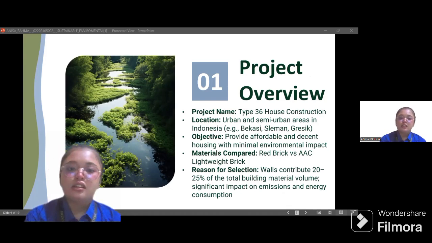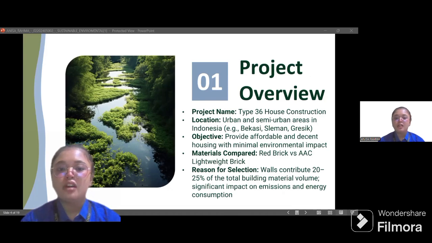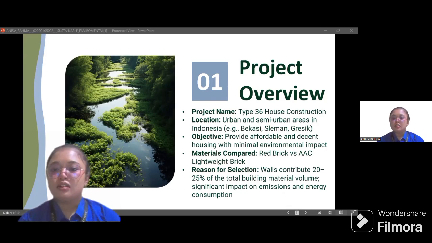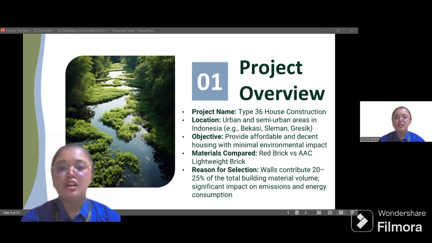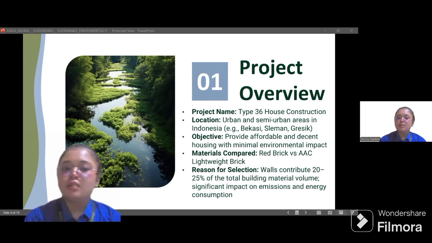Bekasi reflects the peri-urban area under heavy urbanization near the capital. Meanwhile, Sleman represents a rapidly growing suburban housing market in Yogyakarta, and Gresik is an example of an industrial and residential growth zone in East Java. These location choices are important because they influence material accessibility, transportation costs, and the potential environmental impact.